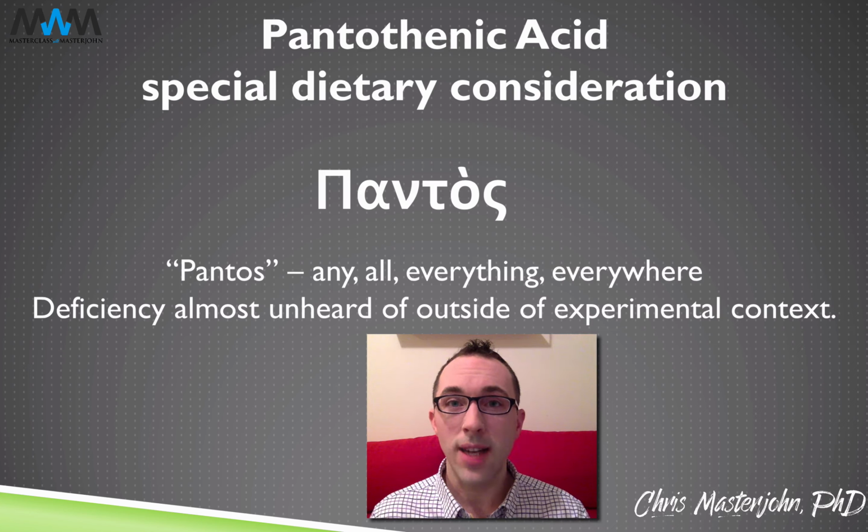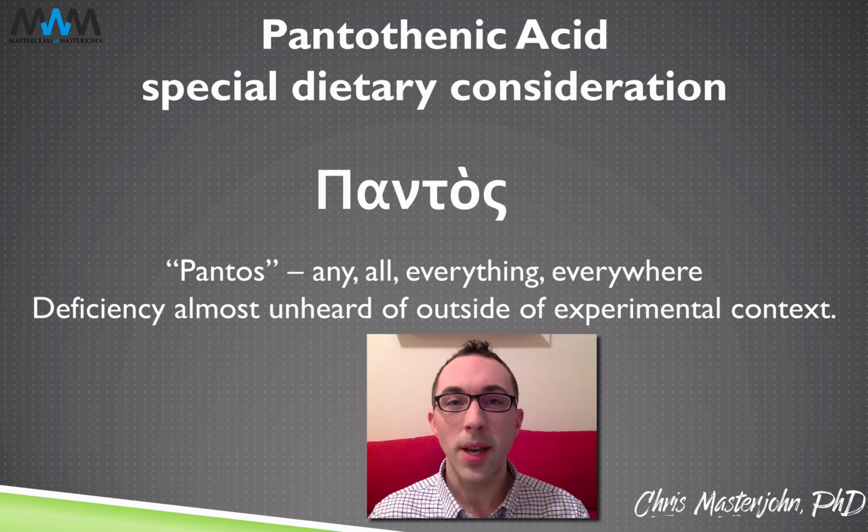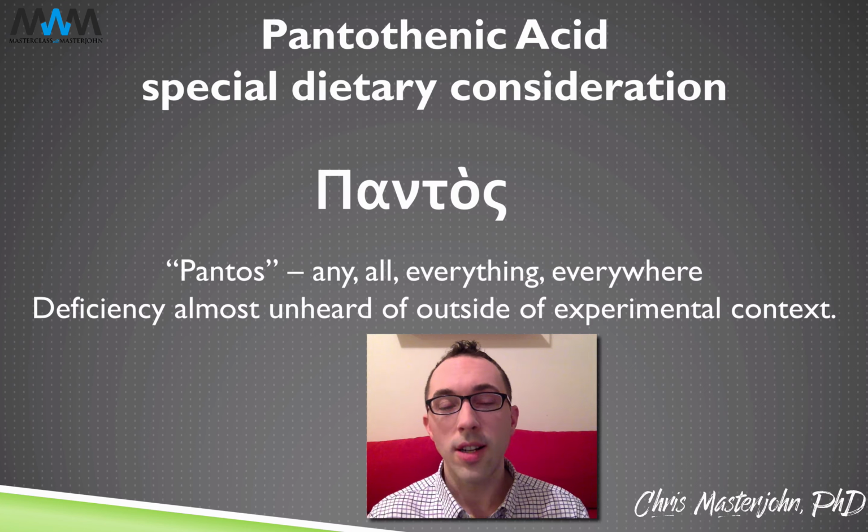Pantothenic acid derives its name from the Greek word pantos, which means any, all, everything, everywhere, because pantothenic acid is so common in foods that it has been almost impossible to observe a true overt deficiency of it except in concentration camps during the war and experimental animals.